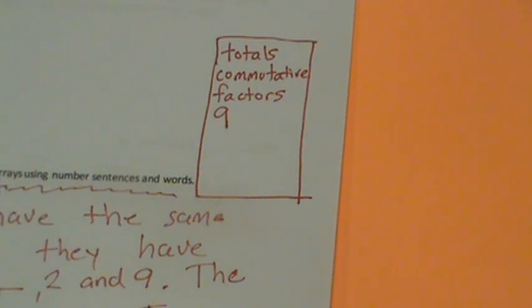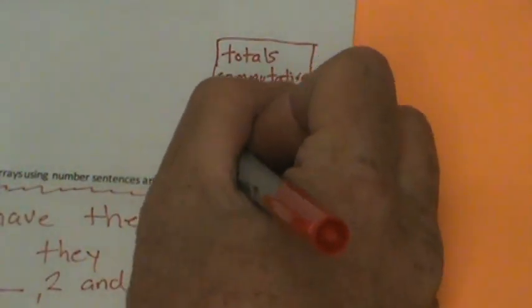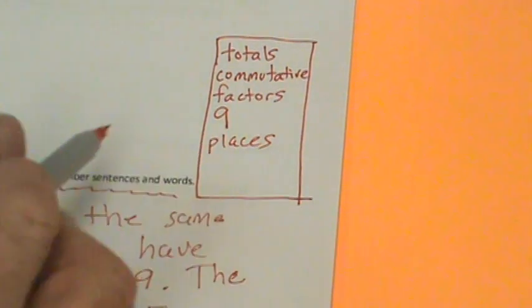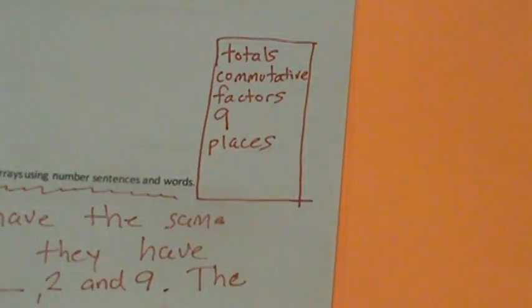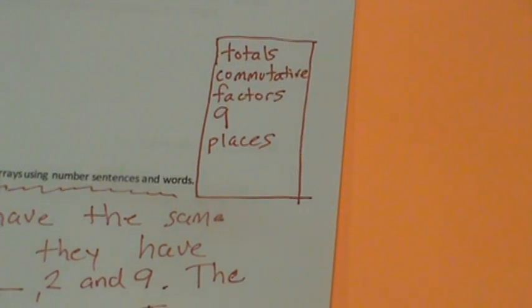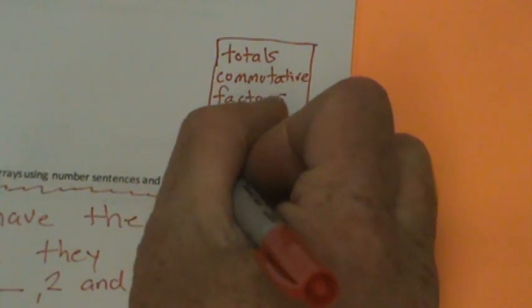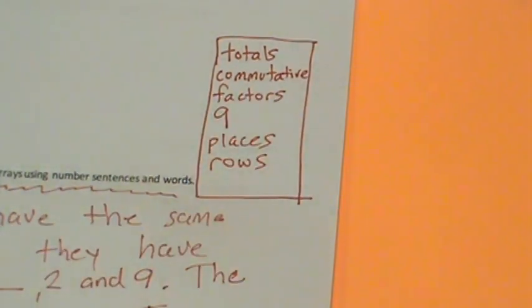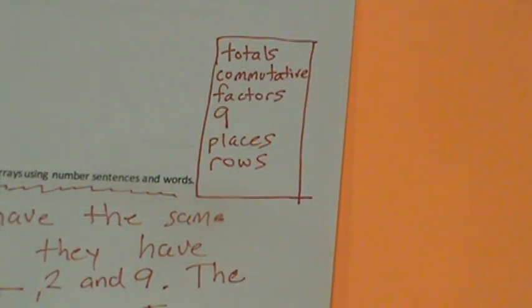And we're going to have the word places. So that's 1, 2, 3, 4, 5 words. 6 blanks. Oh, I got to fill one more in. And our last word is rows. So all those words you're going to use to fill in the blanks, okay?